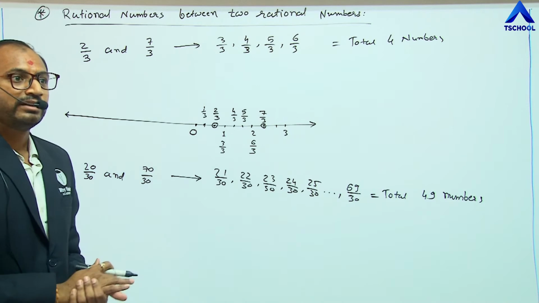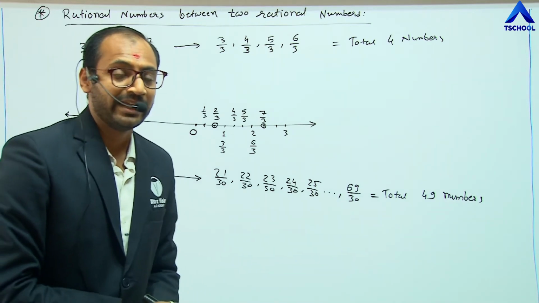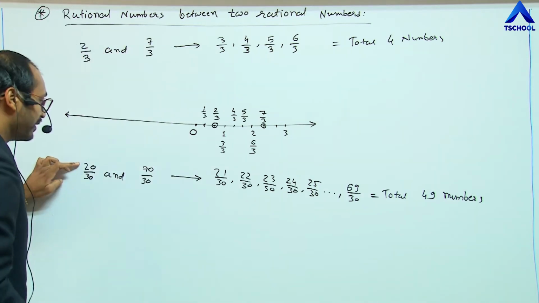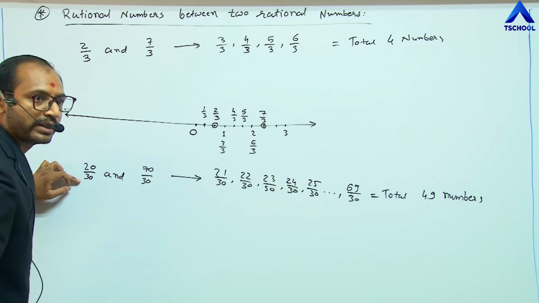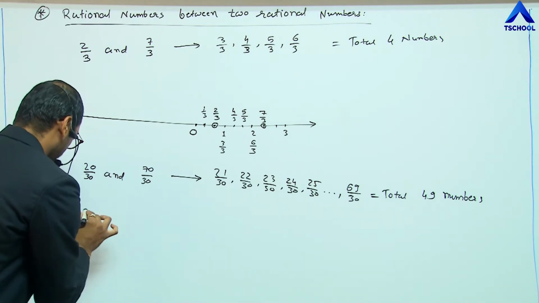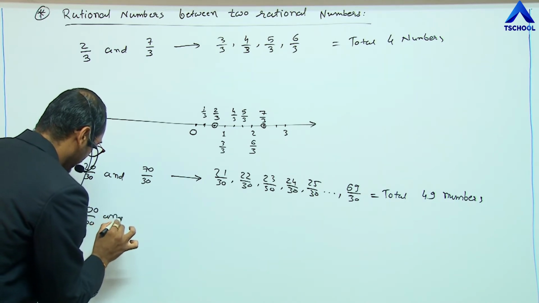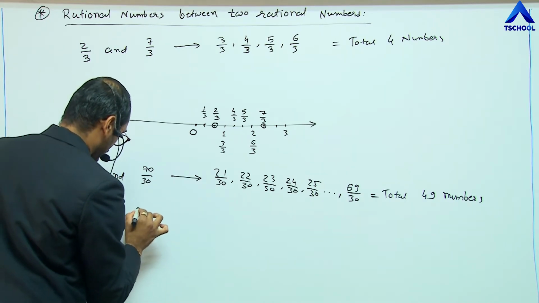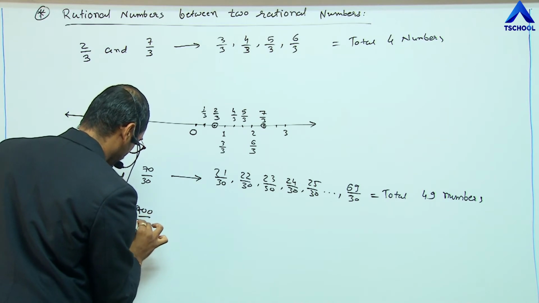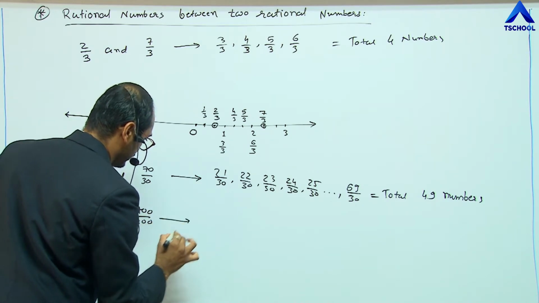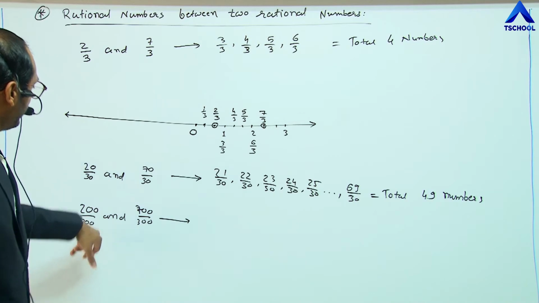Let me do the next process. Let me multiply by 100 in numerator and denominator. That means let me take 200 by 300 and 700 by 300. See, what is the difference between this number and this number?